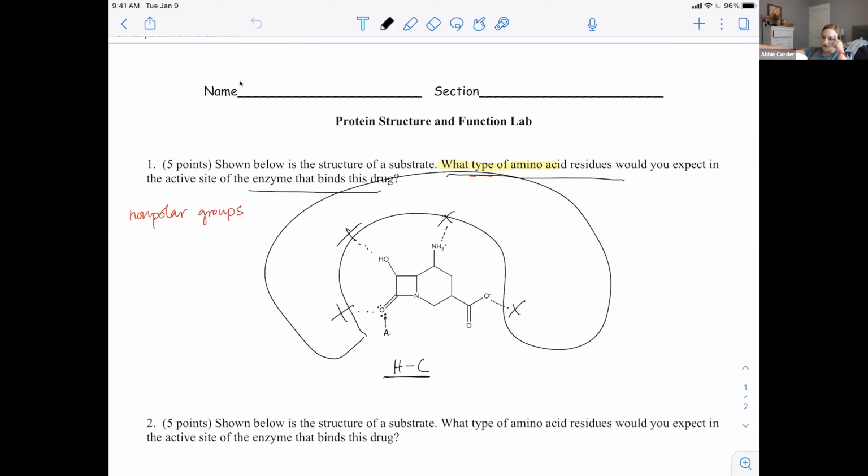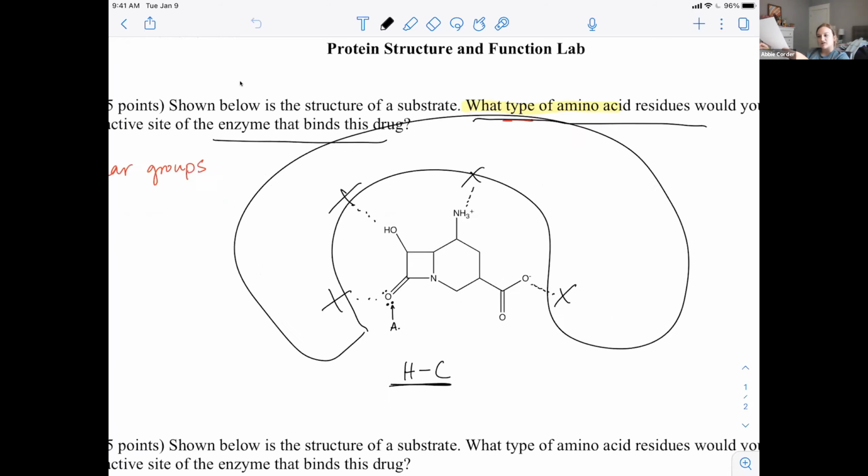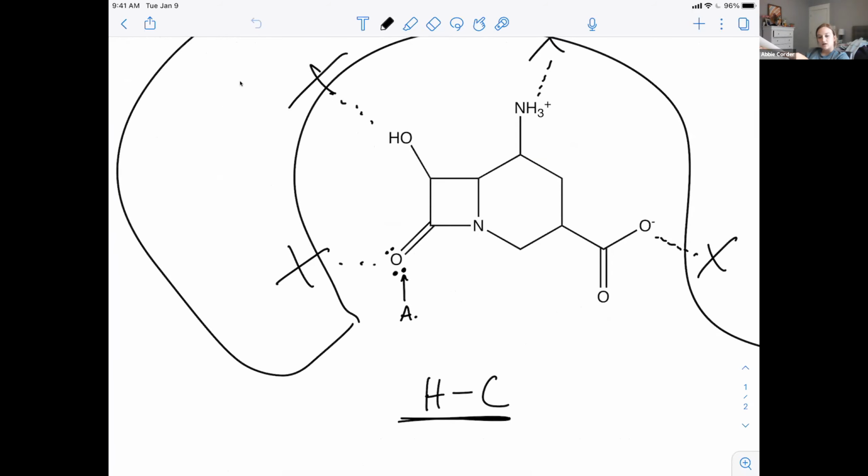So if it's a neutral, it should be able to bond to an acidic and basic? What do you mean if it's a neutral? Like that double bonded O, isn't that a neutral side chain? This one right here, Abby?